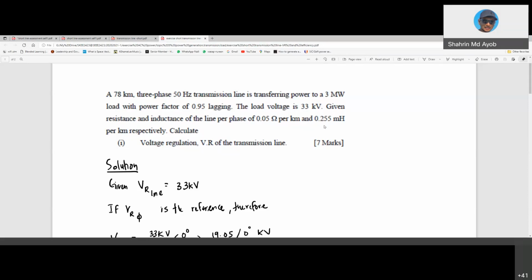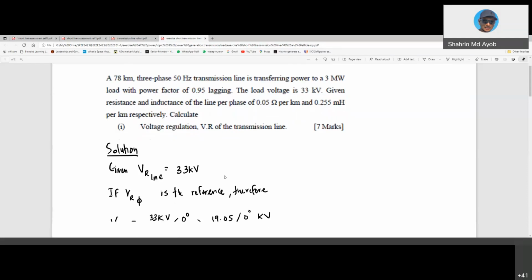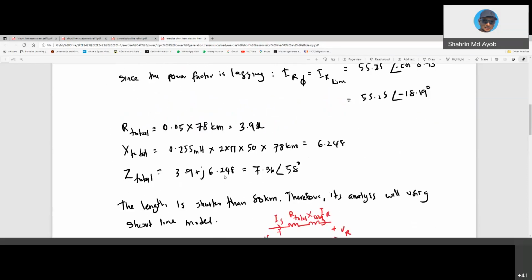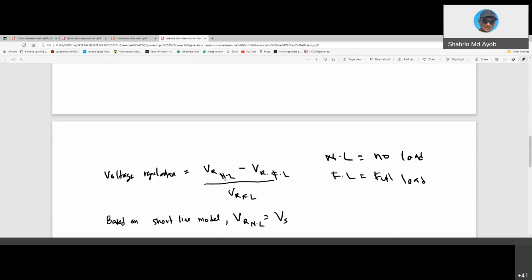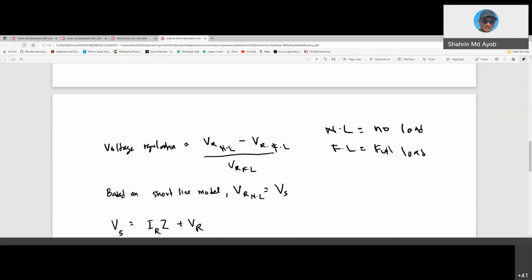Calculate the voltage regulation VR of the transmission line. Actually, the voltage regulation is to see the performance, whether there is a lot of voltage difference between when it is loaded or without loading.